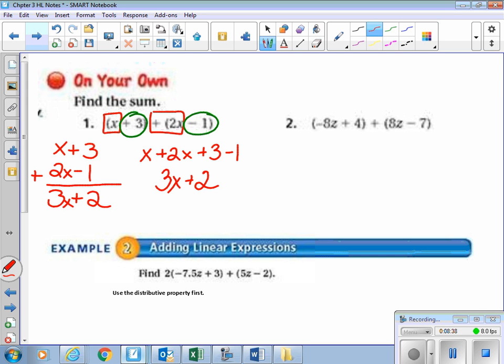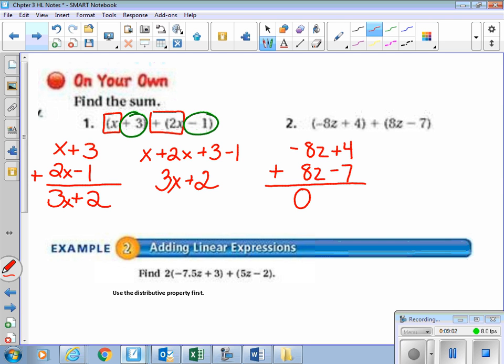Number 2, start vertically. Negative 8z plus 4 plus 8z minus 7. One thing I notice here, I have a negative 8z and a positive 8z. They totally cancel each other out or give me 0.